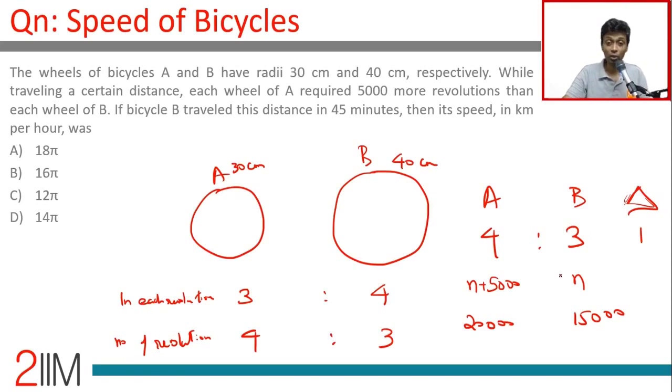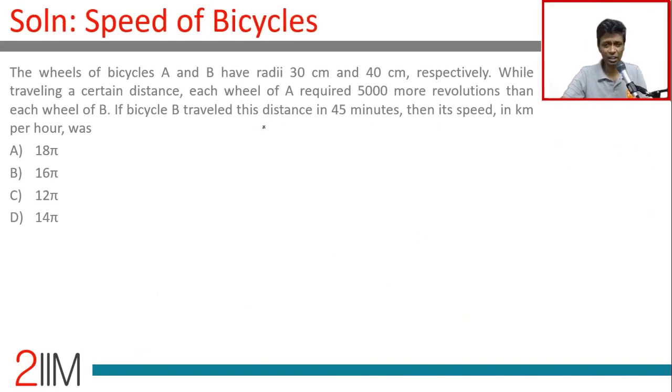So now we know that this vehicle B, bicycle B, does 15,000 revolutions in 45 minutes. And how much does it travel in each revolution? That is 2 pi r. 2 into pi into 40 centimeters into 15,000.